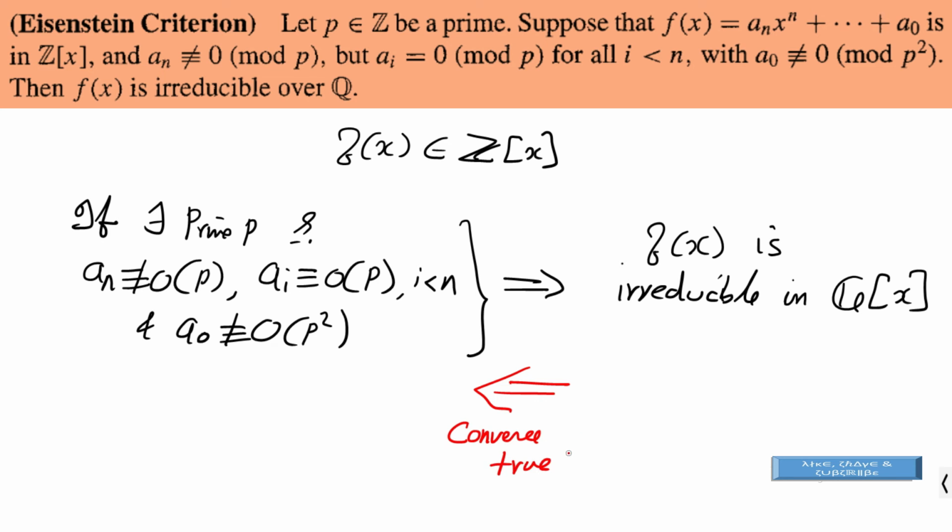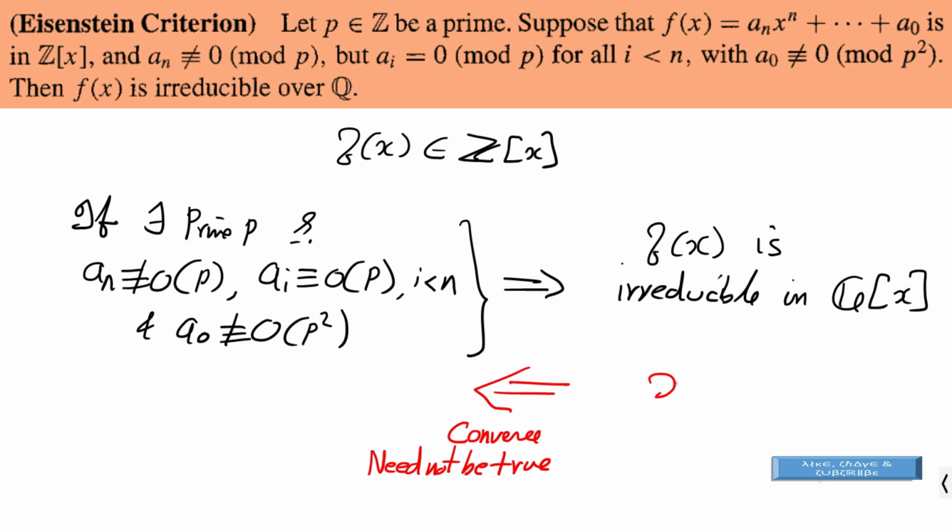Now we need to check whether this converse is always true. If you look at different problems, you can see that there are examples where this converse is not true, and hence we can state that this converse need not be true always.